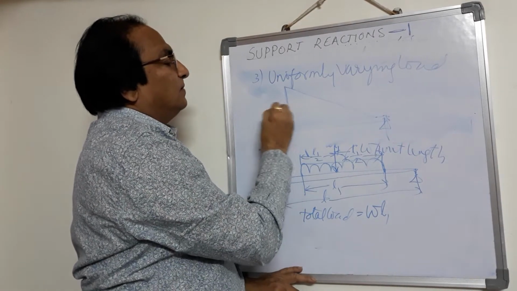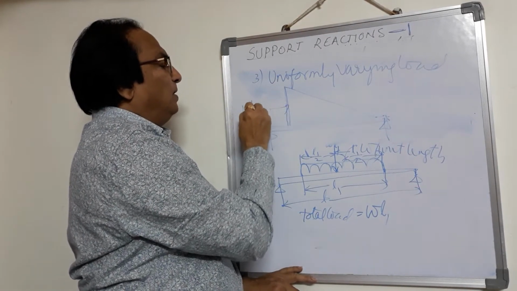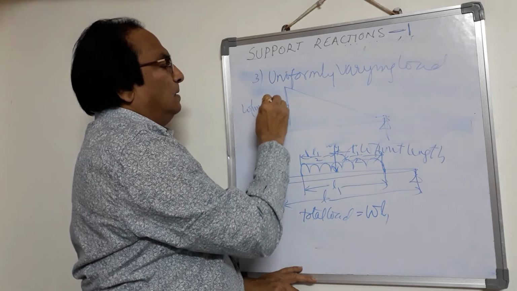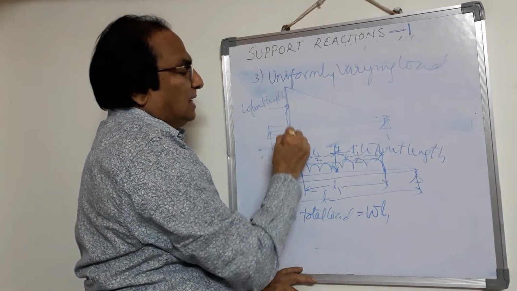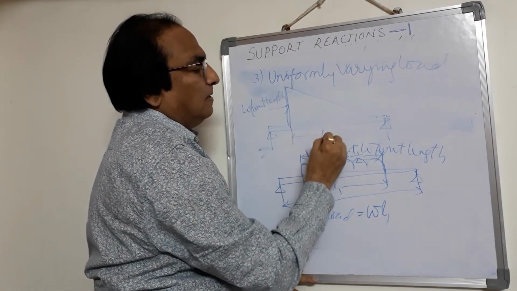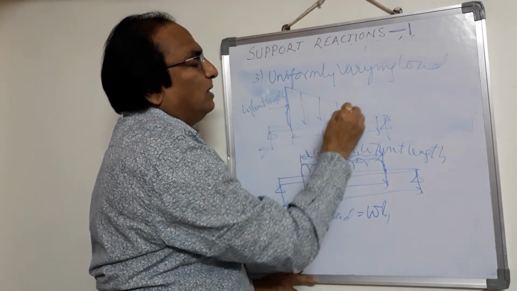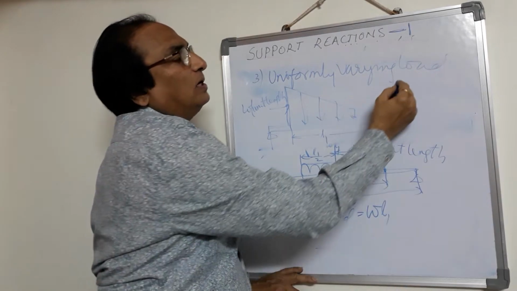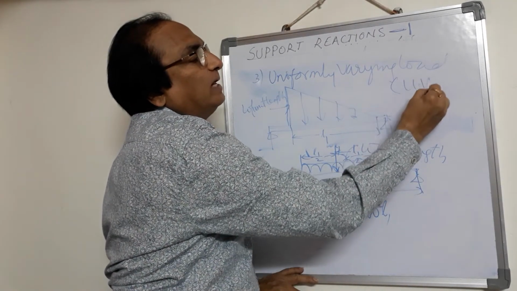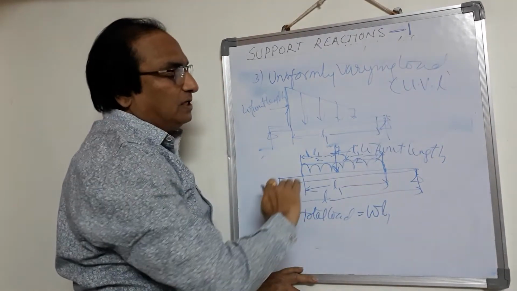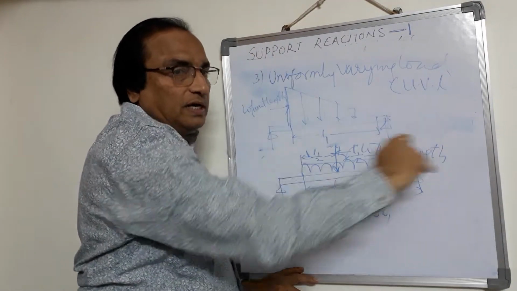So here, if this is the intensity of load, W per unit length, it is acting for a length of L1. The load goes on varying from one point to the other point. So we call it uniformly varying load.